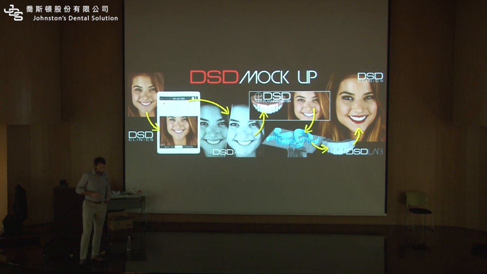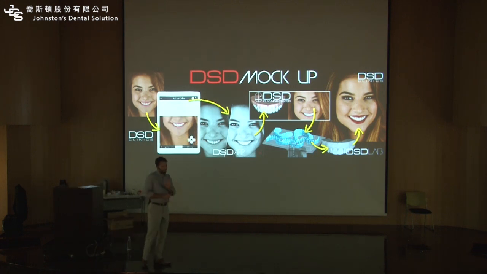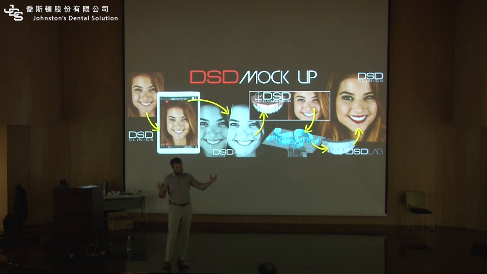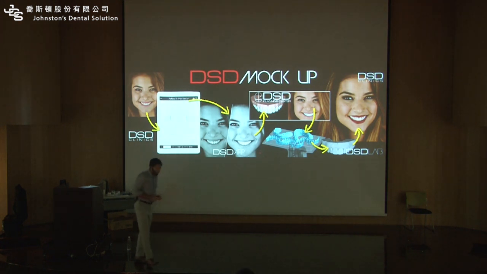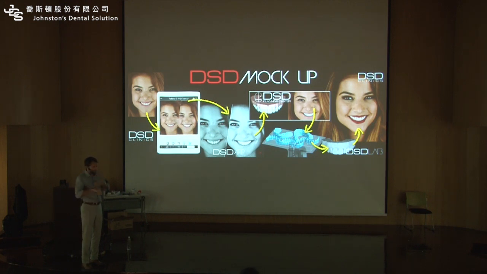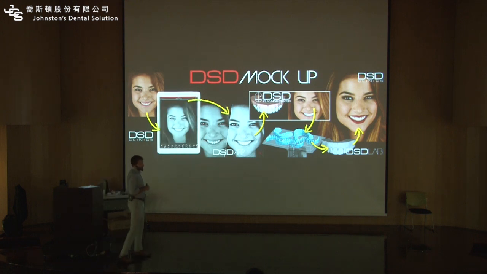I mentioned downloading the app for free. The free part of the app allows you to take the pictures and order the case from the planning center. Now, if you want to do your smile simulation yourself, then you have to purchase a couple of different packages in the app to allow you to do the cases. In the free part of the app, there are a couple of cases preset that you can practice.